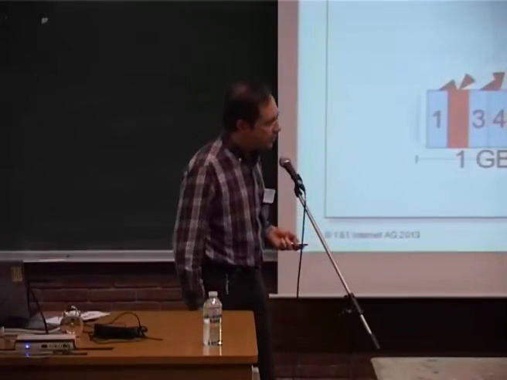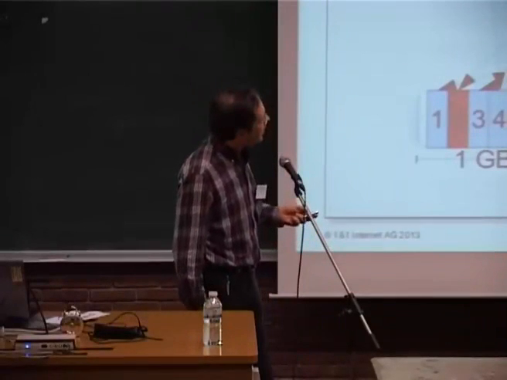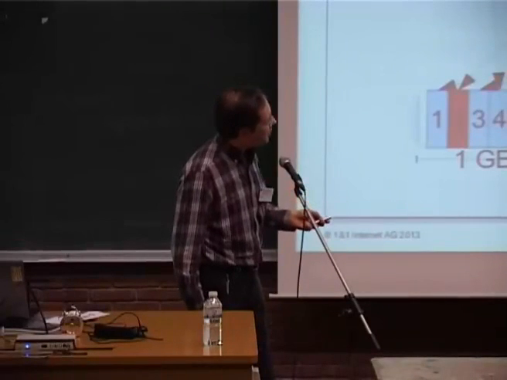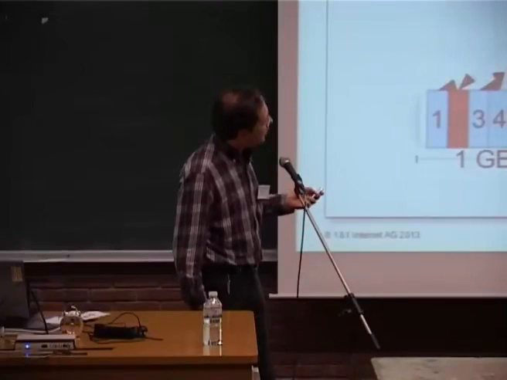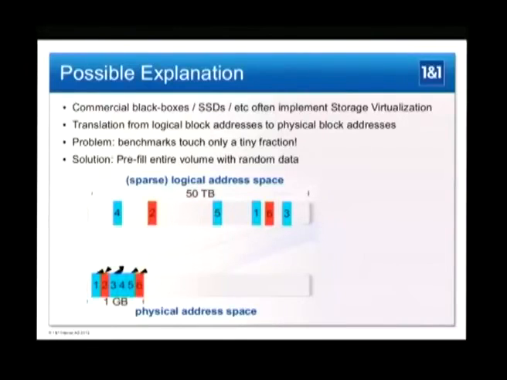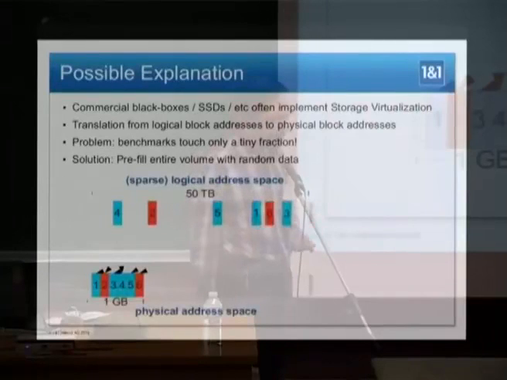So what these storage appliances do is, if that upper band would be the logical address space, and your benchmark touches a number of sectors randomly spread about the address space, the appliance would start reordering these in terms of physical location and put these just in the first couple of sectors of their physical disk space.